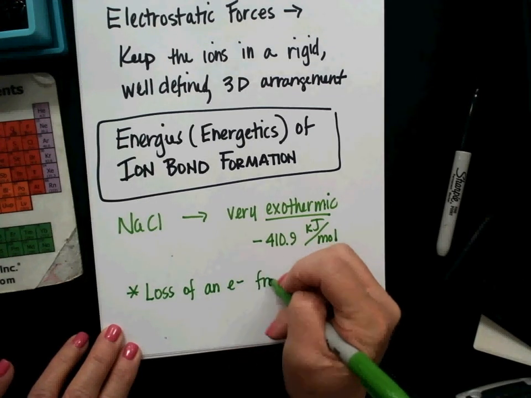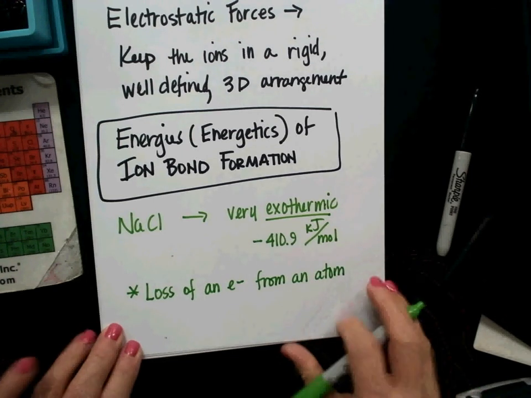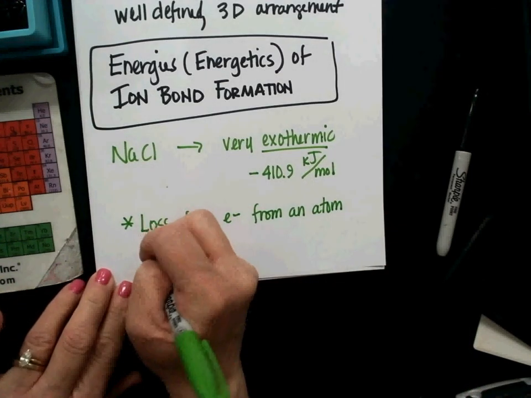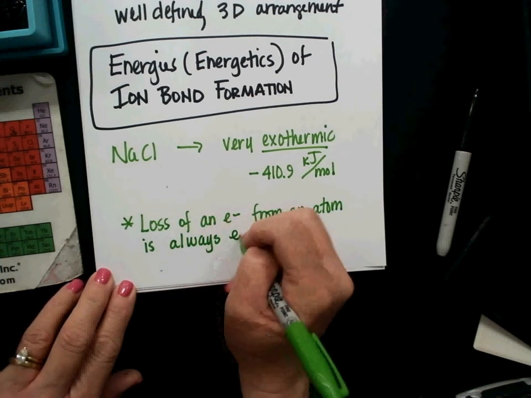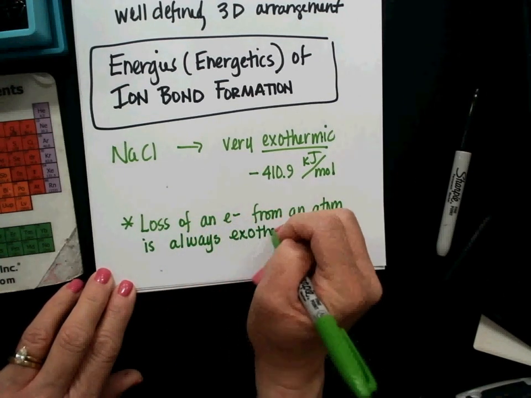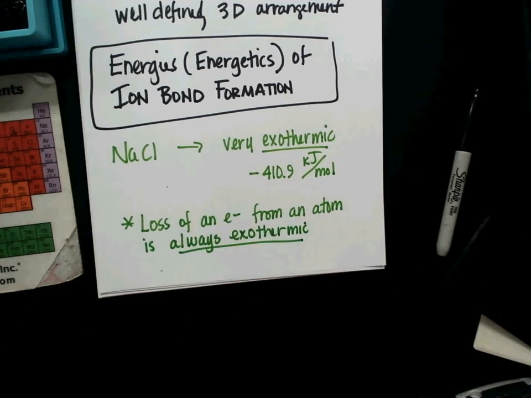The loss of an electron from an atom is always exothermic.